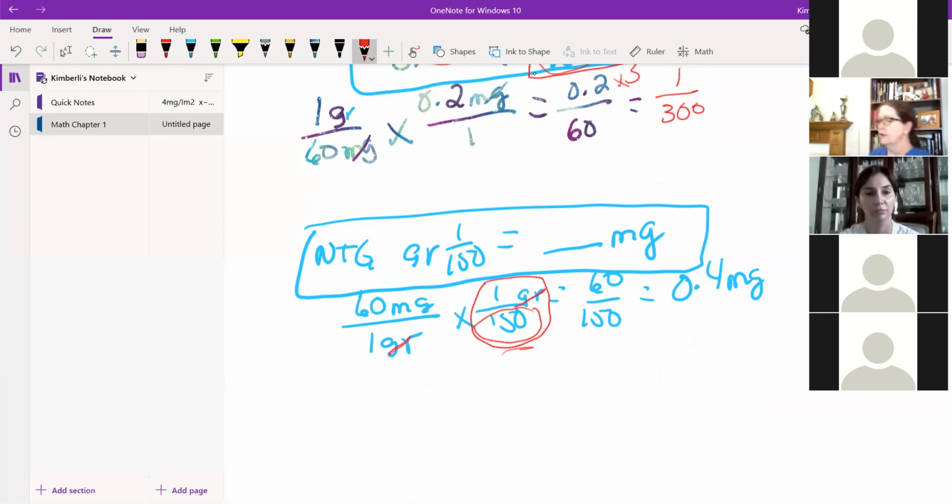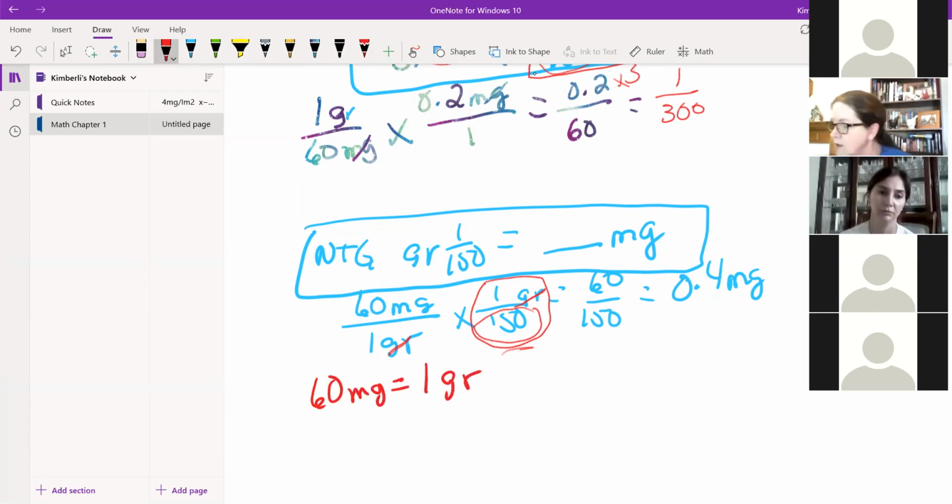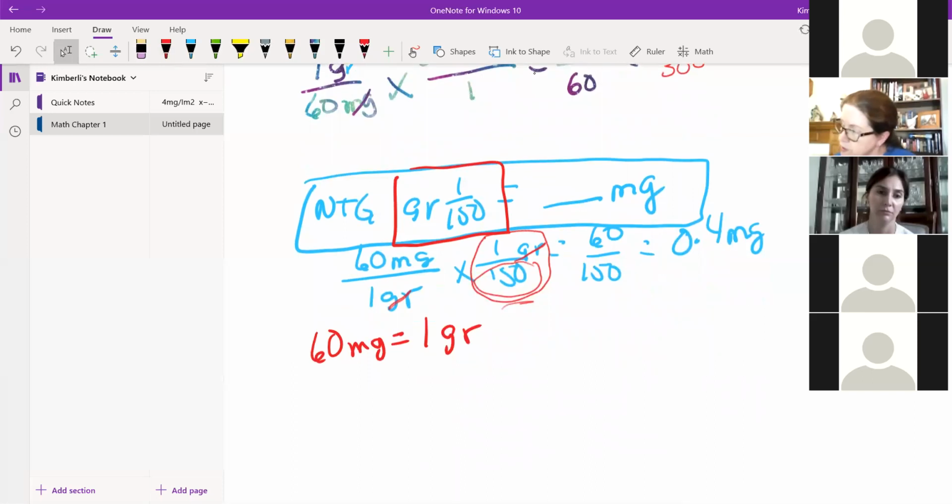Okay, so another way you could do this is they're using 60 milligrams in a grain. So we have 1/150th of a grain. So 1 divided by 150 times 60.